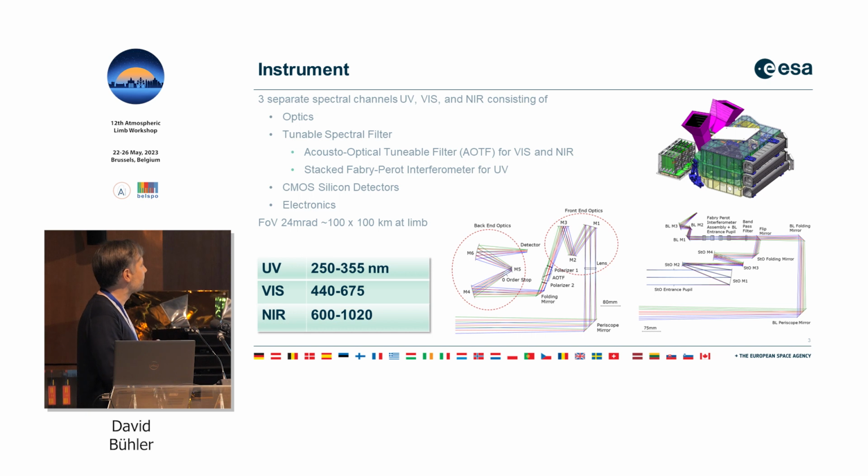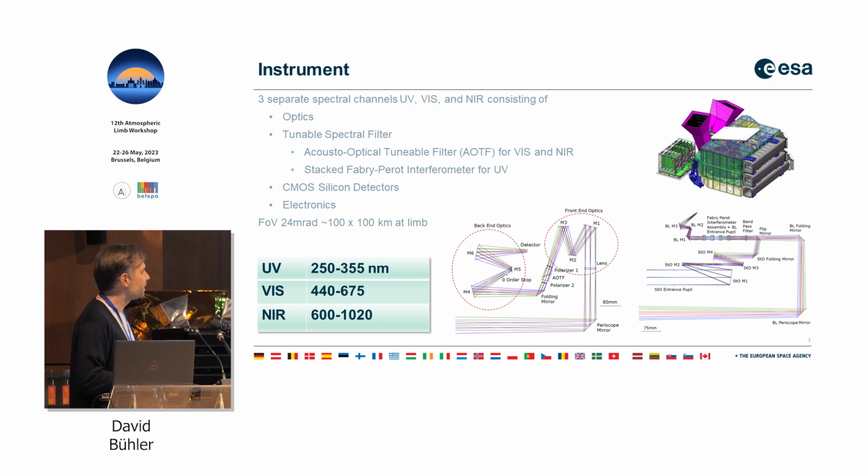And then we have a stacked Fabry-Perot for the UV, and you can see a schematic optical diagram here at the bottom. What is missing in this diagram are a few bandpass filters that are further used to block the out-of-band light that of course will enter the main aperture.